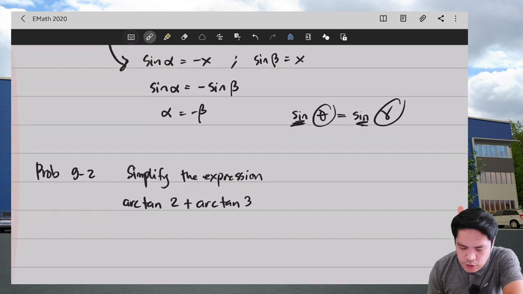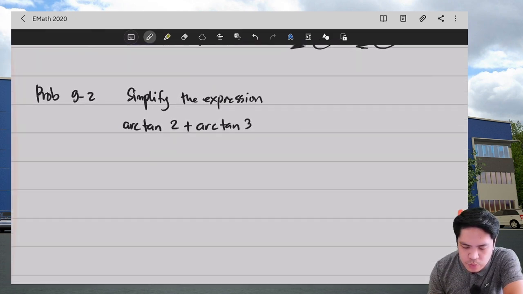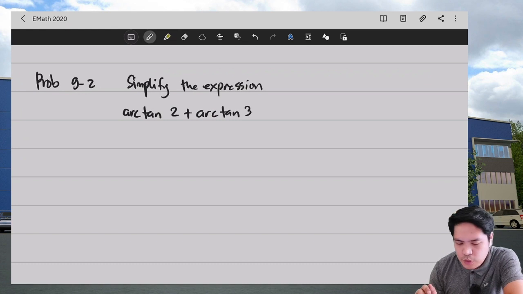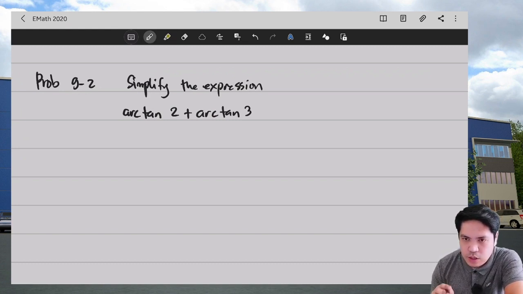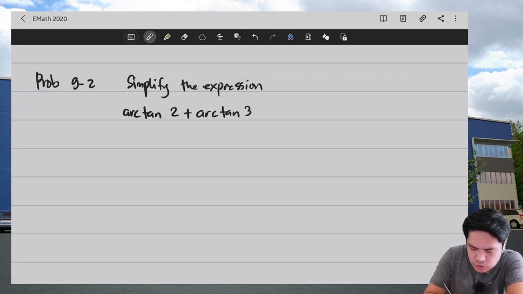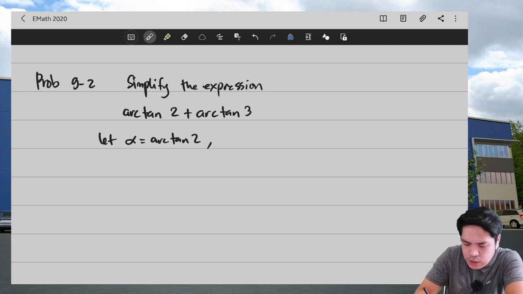Okay, for our next problem, we have simplify the expression arctangent 2 plus arctangent 3. Or evaluate lang natin yung expression na to. So first, how about if we let alpha be equal to arctangent 2 and we let beta be equal to arctangent 3.